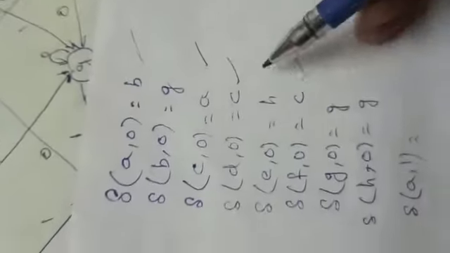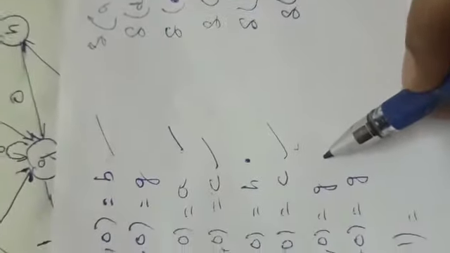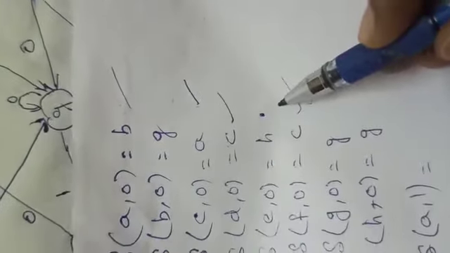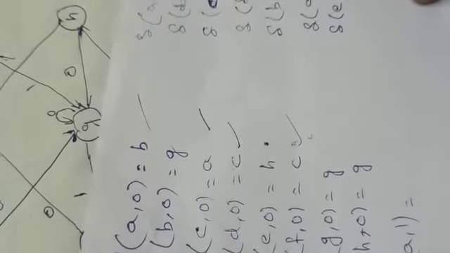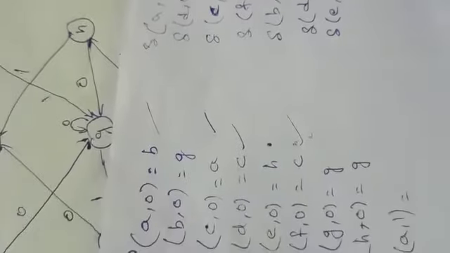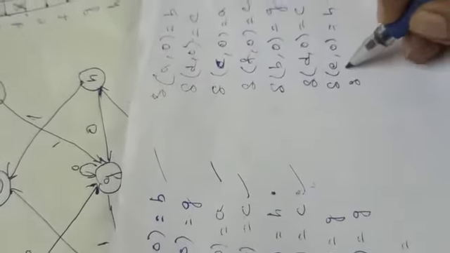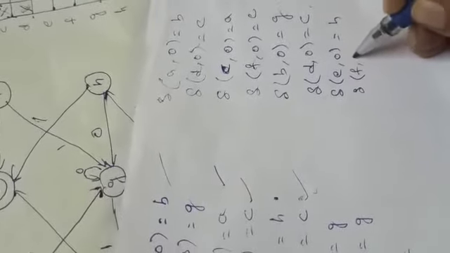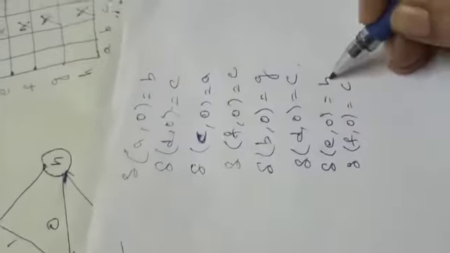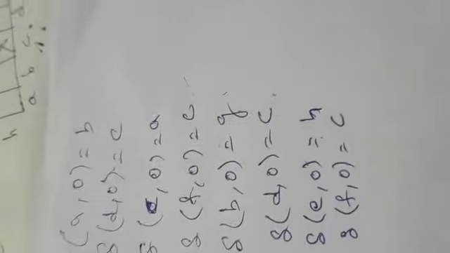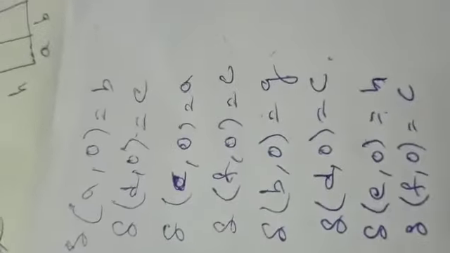Now you check out H and C also. H and C means it is giving you del of E comma 0 equal to H, del of F comma 0 equal to C. H comma C. Is H comma C having an entry?